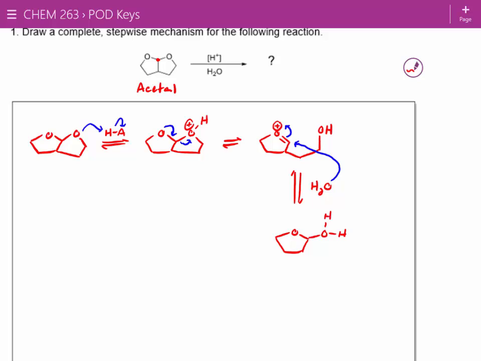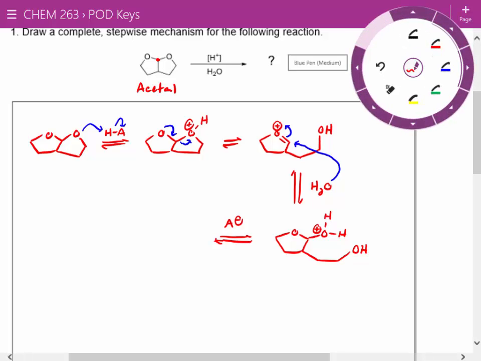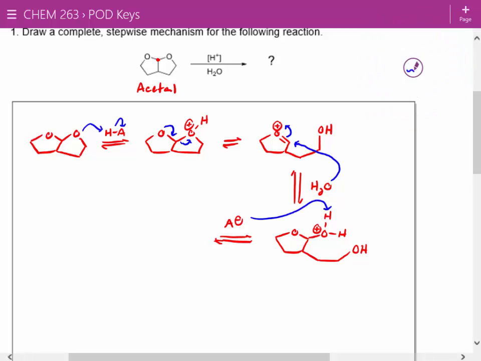Our water is now protonated. So we need to do a proton transfer, and I'll just show this with the conjugate base, where this conjugate base can come grab a proton off of our water, kick down electrons.